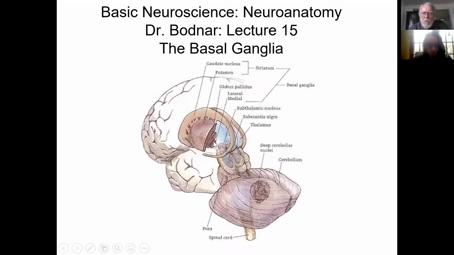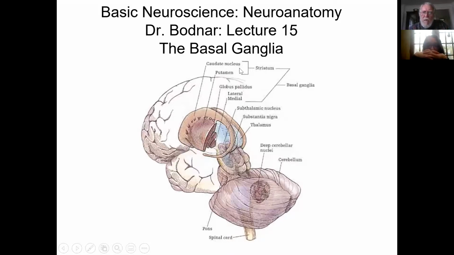The globus pallidus is divided into a lateral or medial, or external or internal, set of nuclei. So the basal ganglia is made up of the caudate, the putamen, and the globus pallidus.